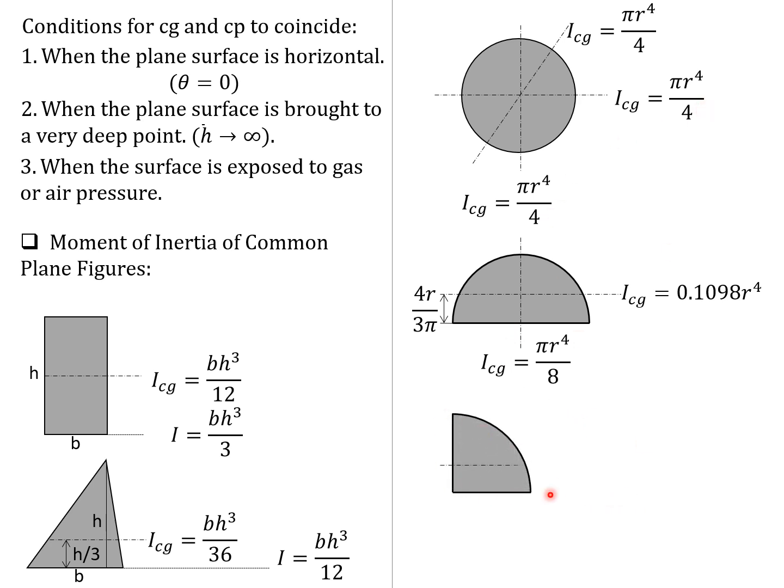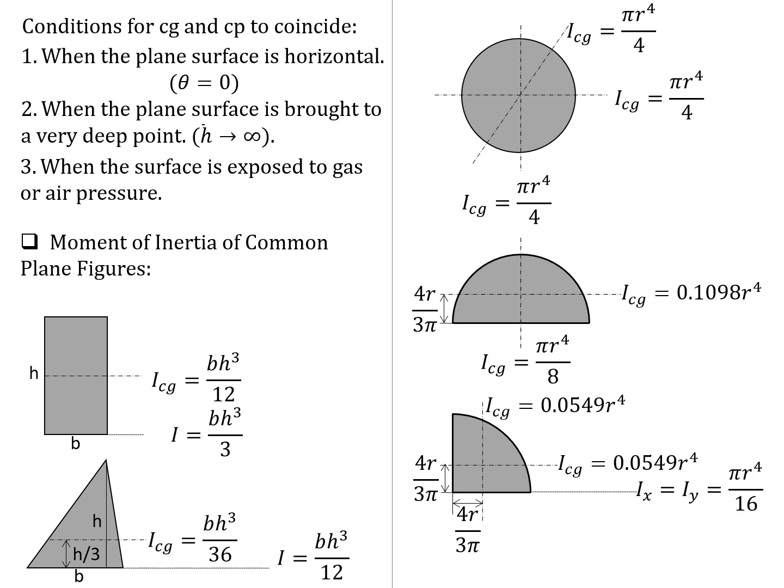Then for a quarter circle, with respect to the centroid, half of 0.1098 is 0.0549 r to the fourth. With respect to the centroidal axis also, it's the same. With respect to the radius, it is 1/4 of pi r to the fourth over 4, so pi r to the fourth over 16.